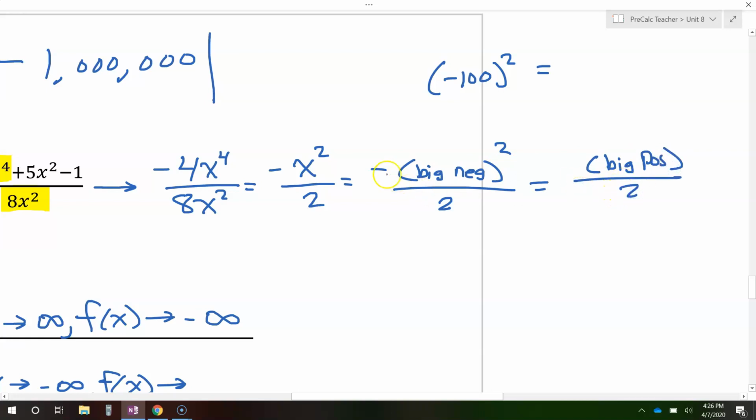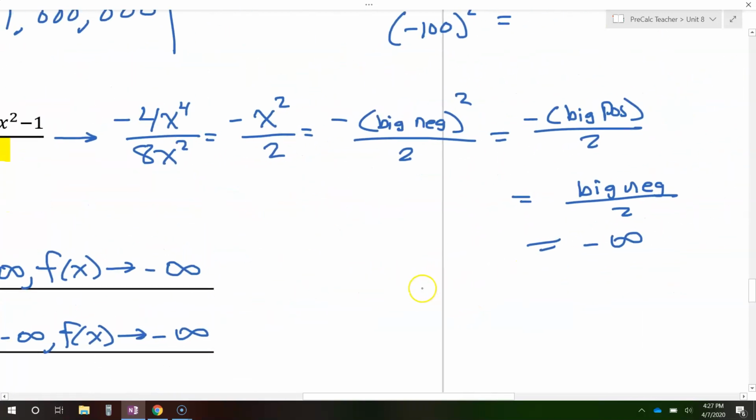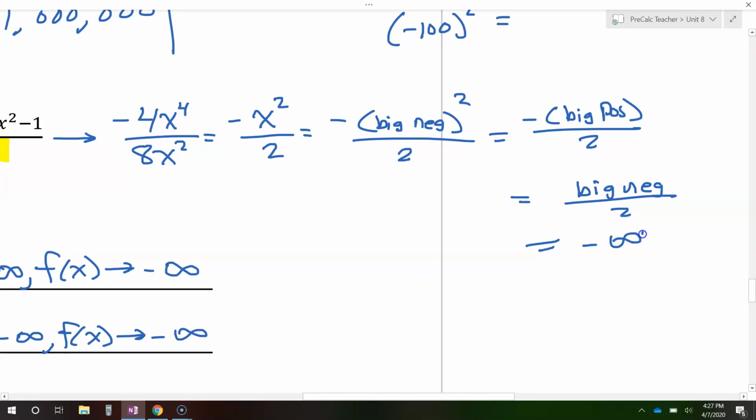But then we've got this negative sign still sitting there. So in the end, we're going to wind up with a big negative number again. So this is still approaching negative infinity, because we're still going to have a really big negative number in the end.